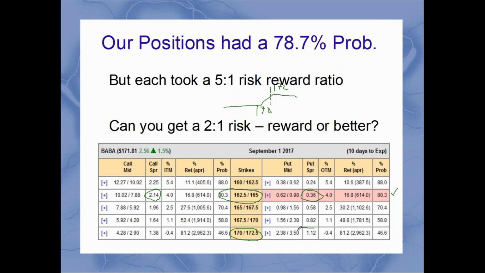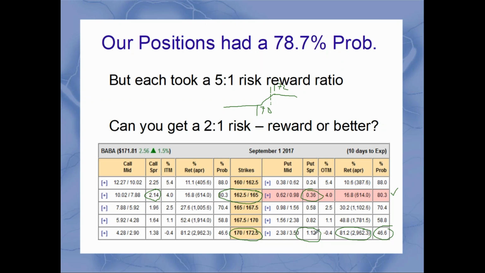But see here, the bull put credit gives me a net credit of 112 on a 250 risk. That's very close to a 2-to-1 risk-reward ratio, an 80% potential return, but only a 46% theoretical chance the stock would be above 172.50 and I'd make the max return.